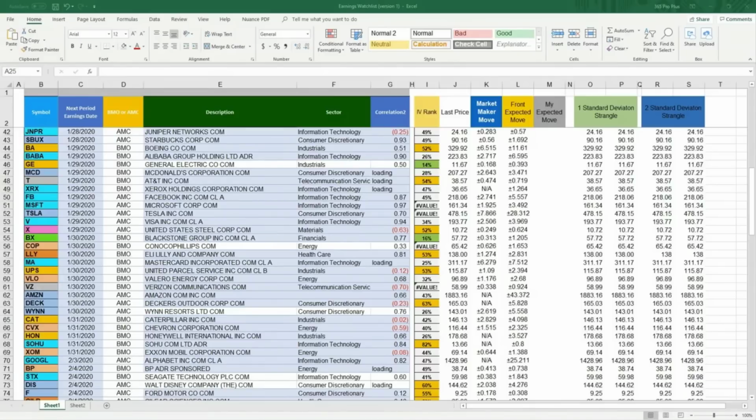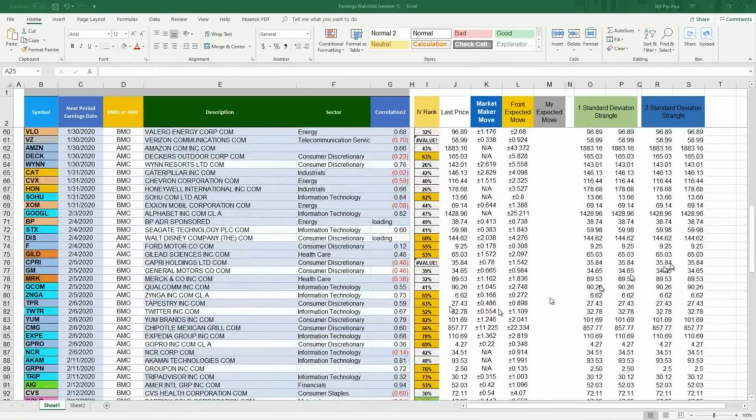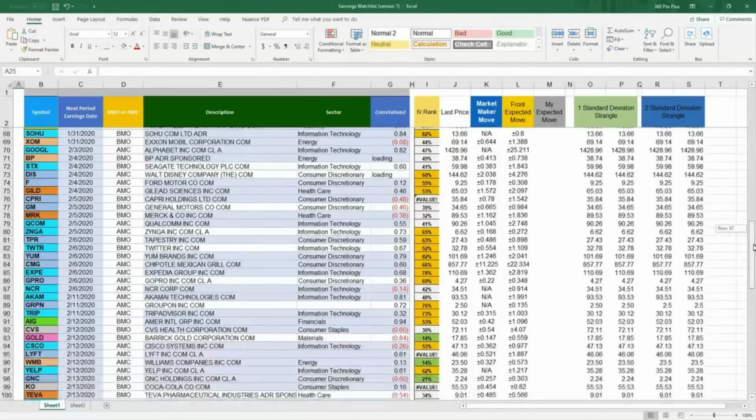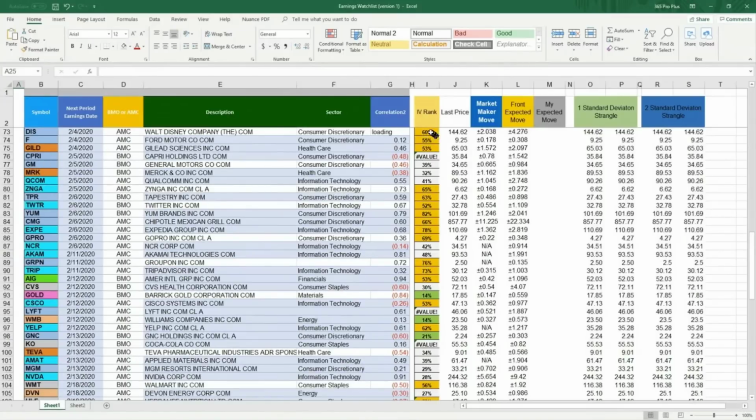So once you get familiar with different companies, you won't have as much anxiety putting on a strangle on a company like Disney. Here, let's see, where is Disney on the sheet? The first strangle I put on, my hands were shaking, but I don't even think about it anymore. There's Disney.